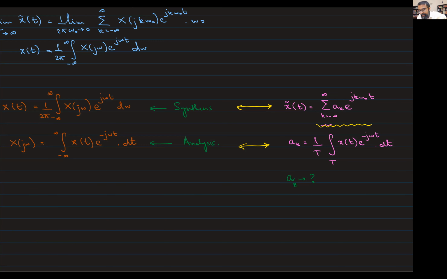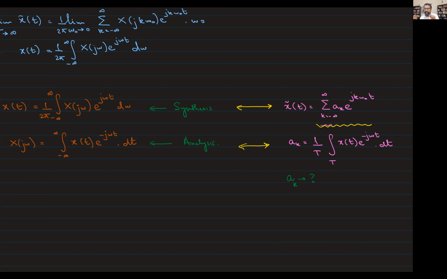Many frequencies are contained in it, and a sub k represents what the contribution of the kth harmonic is. And when I say kth harmonic, that means a complex exponential that has a frequency of k omega naught, right?